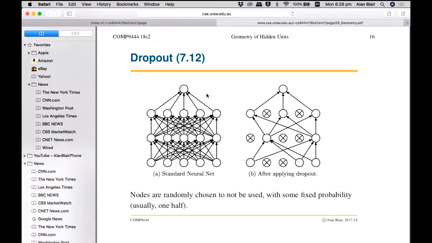Sometimes even some of the inputs may be ignored, but sometimes it's just the hidden nodes. And it happens at every layer. And I train the network.